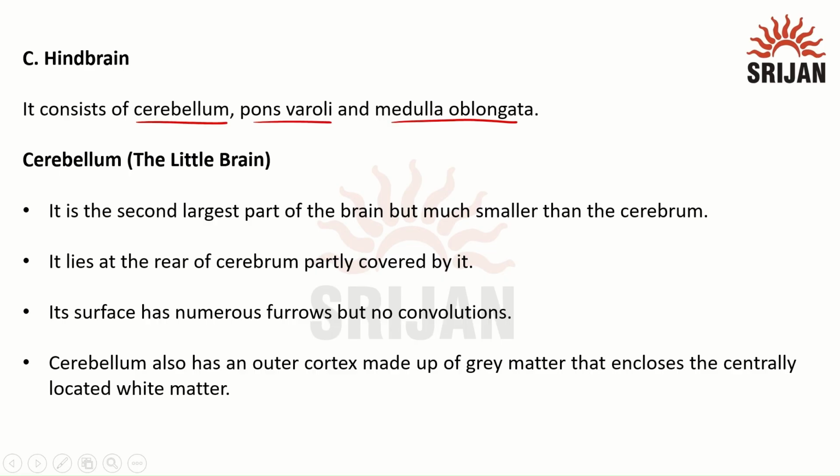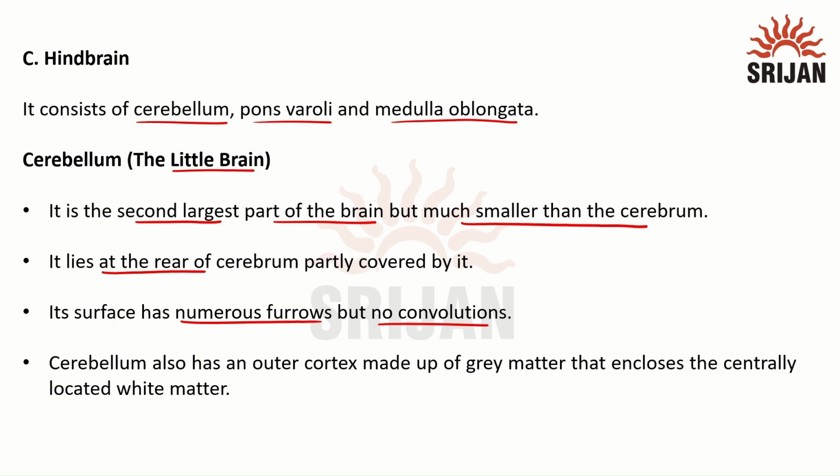Now if we see the cerebellum, it is also known as the little brain. The cerebellum is the second largest part of the brain but much smaller than the cerebrum. It lies at the rear end of the cerebrum, partly covered by the cerebrum. Its surface has numerous furrows but not convolutions.